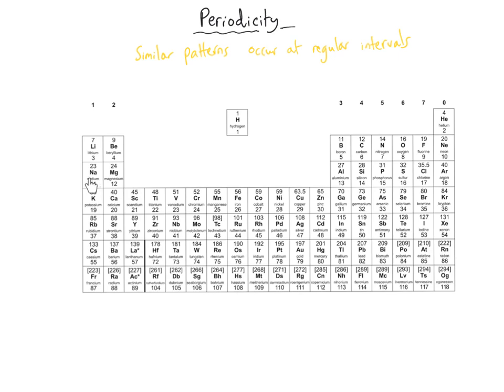And if we count on another 8, 1, 2, 3, 4, 5, 6, 7, 8, we arrive at potassium, which is another similar element to lithium. And we learnt on the previous page that all the elements of group 1, the alkali metals, behave in a similar way. And that's to do with the electrons that they've got in their outer shell, the valence shell. And they all have one electron in their outer shell.